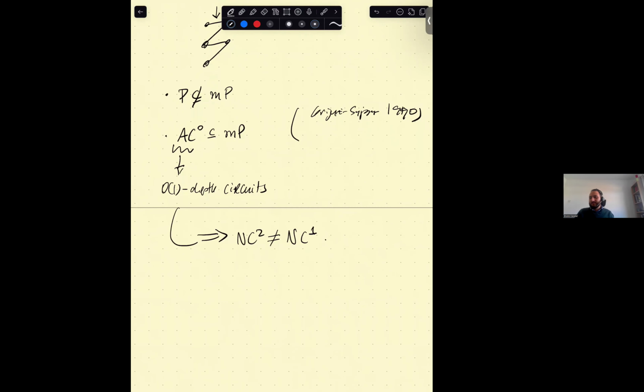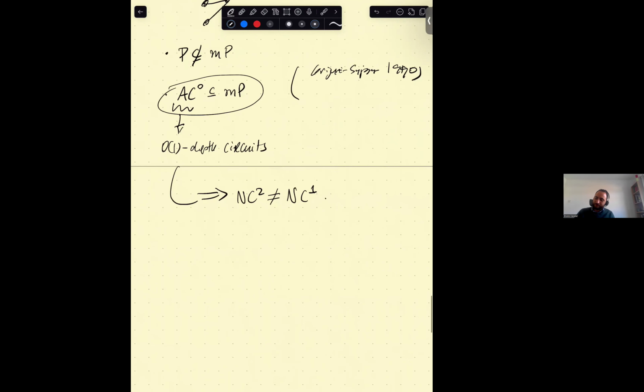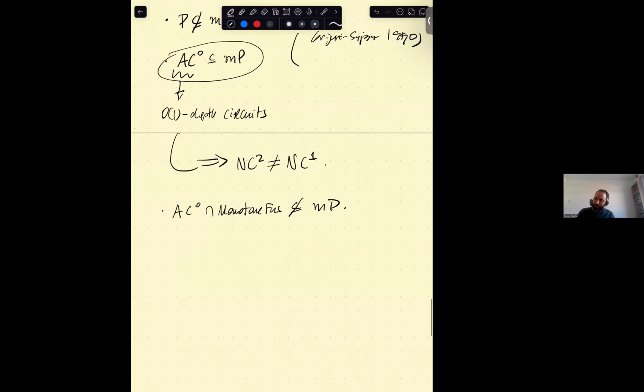So this becomes an interesting question in itself, trying to understand if this simulation is possible. And what this work on matching shows is that this actually is not possible. There exists a monotone function in AC0 which cannot be computed by monotone circuits of polynomial size.